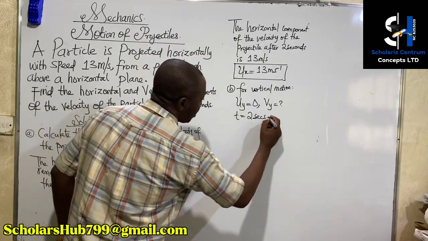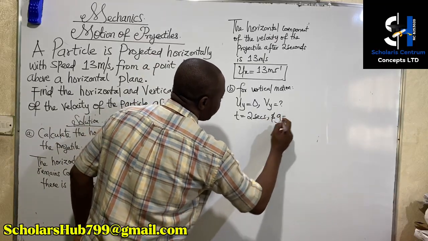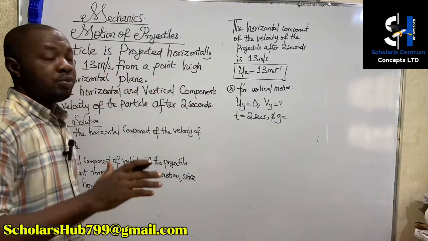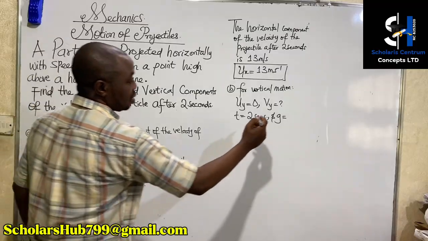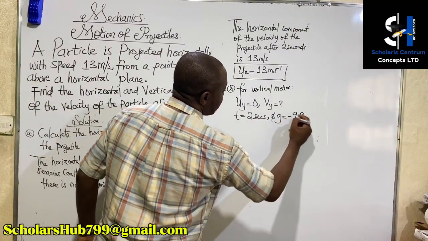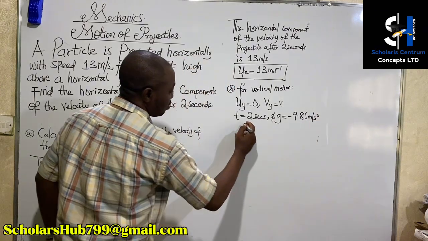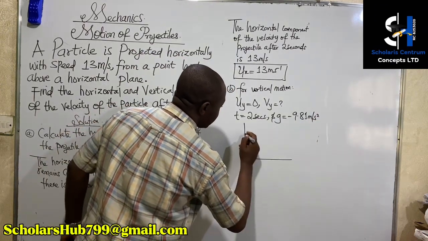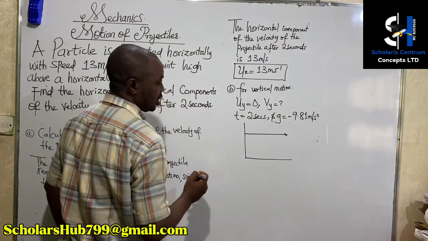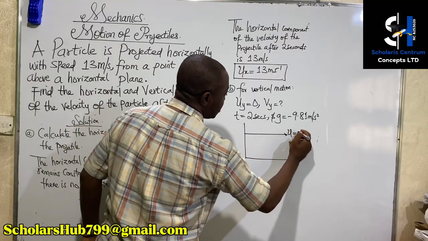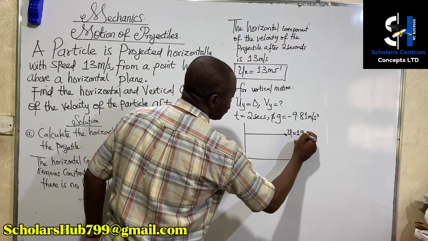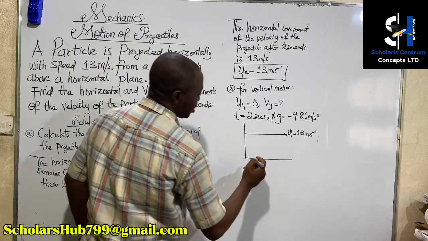We also know that the acceleration due to gravity will be negative in this case, negative 9.81 meters per second squared, because the particle is projected with speed u equals 13 meters per second.